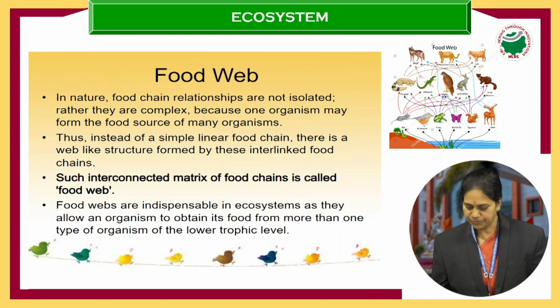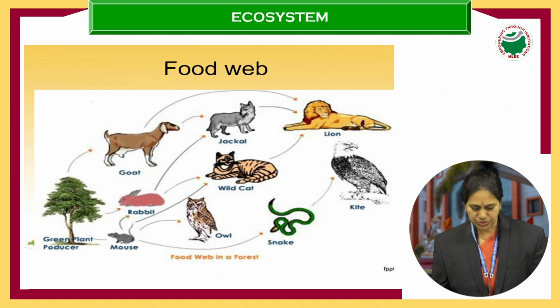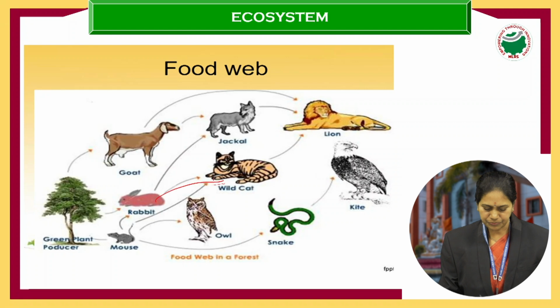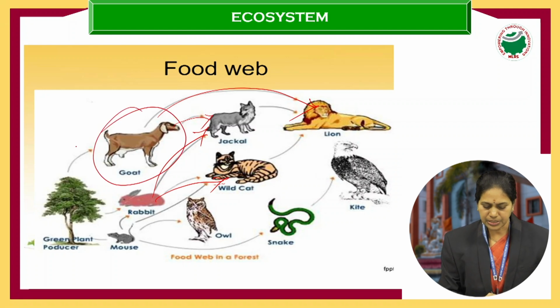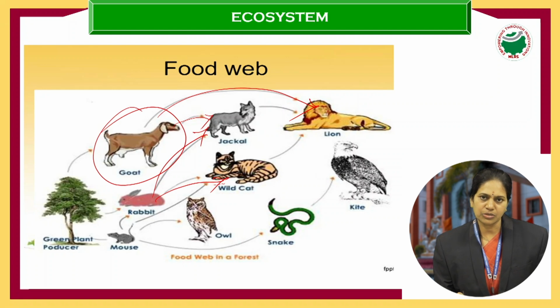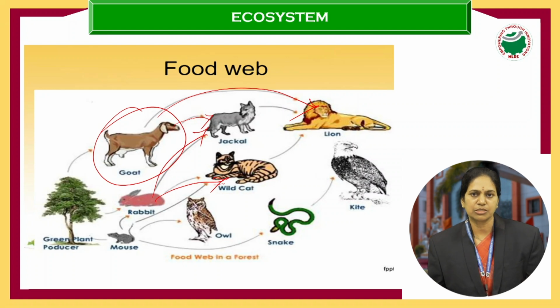So each organism in nature can be a source of food to multiple organisms. That is the food web, and I'll show you an example. Yes, this is one of the examples. You can see your rabbit can be a source of food for the jackal as well as for the wild cat. A goat can be eaten by the jackal or it can be eaten by the lion also. So one organism can be a source of food to multiple organisms. There is no hard and fast rule in a forest that this organism should be eaten by that organism only.